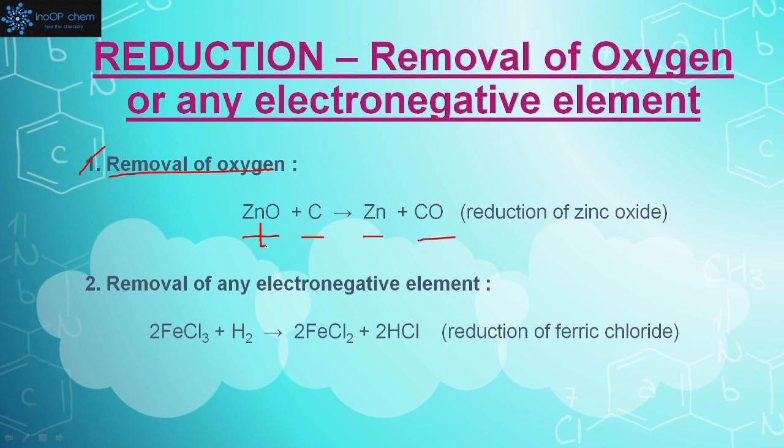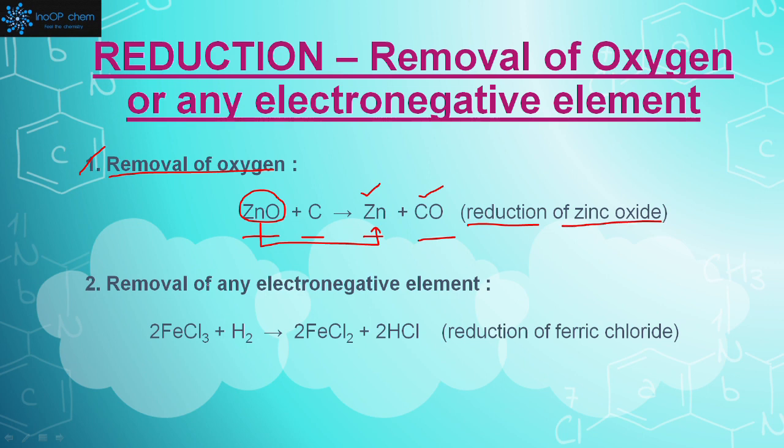Look here, removal of oxygen takes place. When they are reactants, zinc is combined with oxygen, and when it reacts with carbon, zinc is alone and oxygen forms a bond with carbon to form carbon monoxide. That means reduction of zinc oxide takes place.